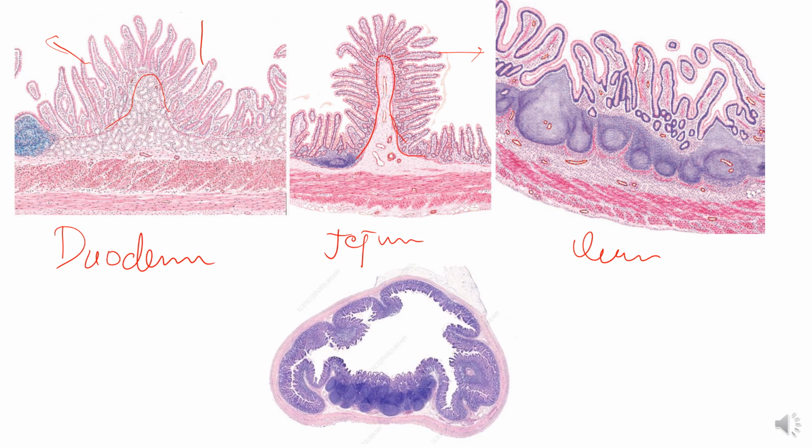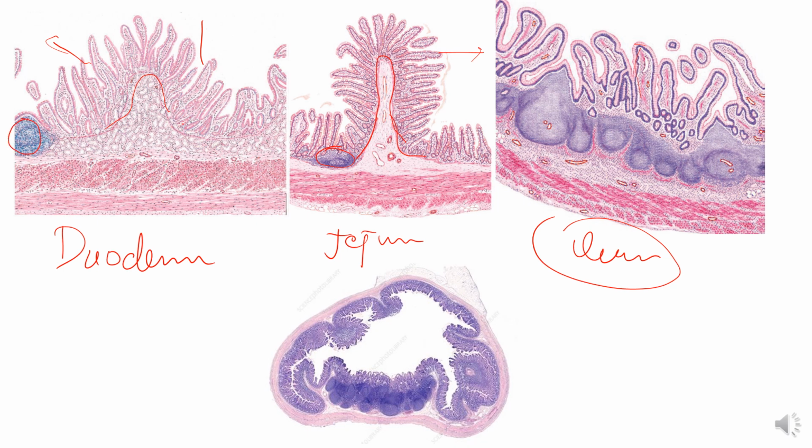Then, in the ileum, the lamina propria is showing a prominent feature: the presence of aggregates of lymphatic nodules, that is, the Peyer's patches. No Peyer's patches are present in the lamina propria of the duodenum and jejunum, but isolated lymphatic nodules are also present here.